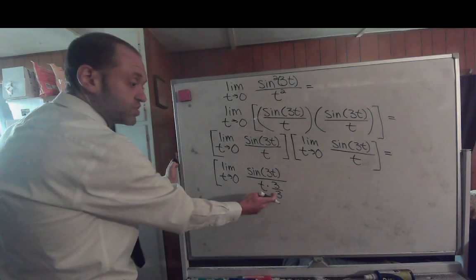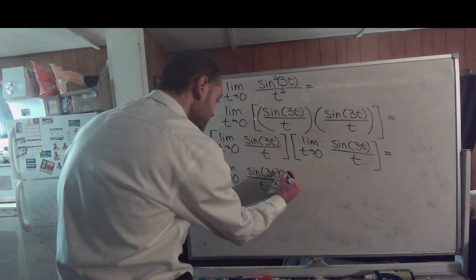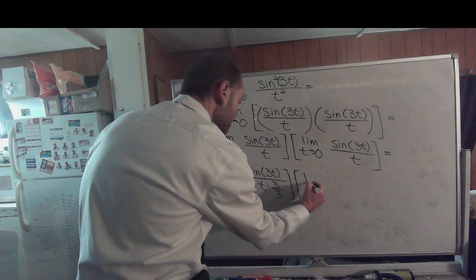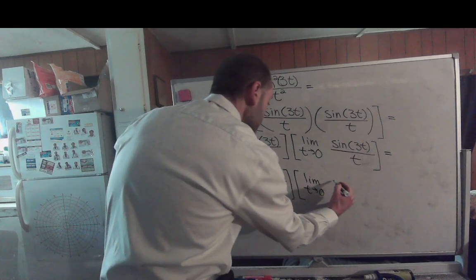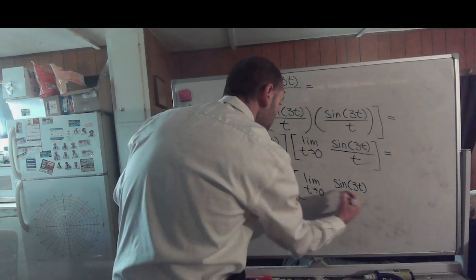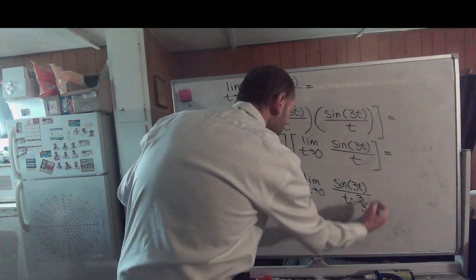We technically haven't changed the value of the function. We're just trying to get a 3t. And then we're going to do the same thing to the other one. The limit as t approaches 0 of the sine of 3t all over t times 3 over 3.